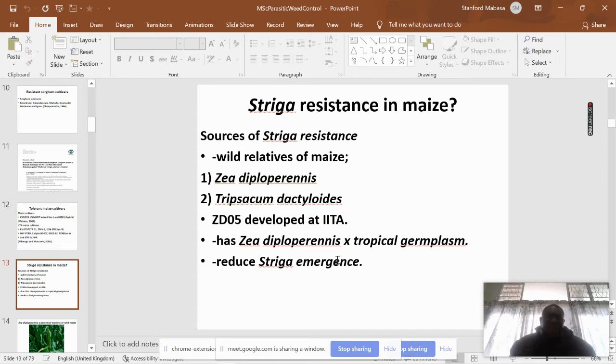And a line was developed known as ZD05 with some resistance to Striga hermonthica, which is found in West Africa. So Zea diploperennis was crossed to tropical germplasm, and the hybrid reduced the Striga emergence.